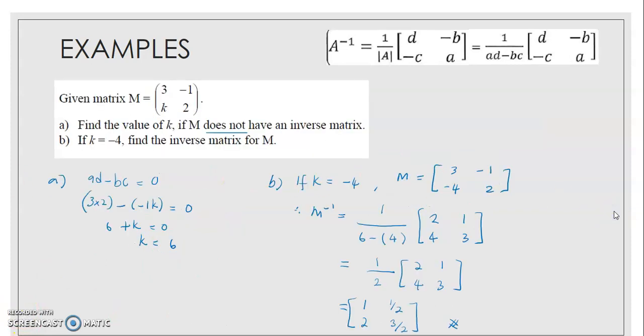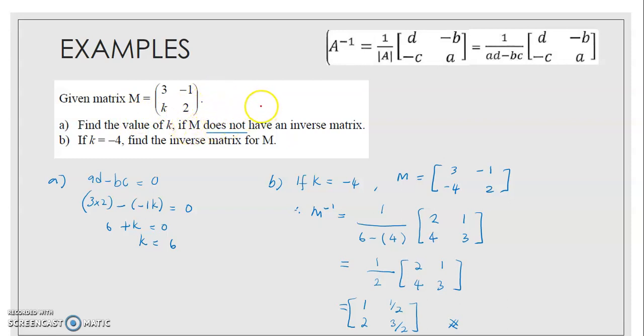Okay, so next example. This example is quite, we cannot say it's a KBAT question. So maybe for final exams, the question will be similar to this if there is a question about inverse matrix.